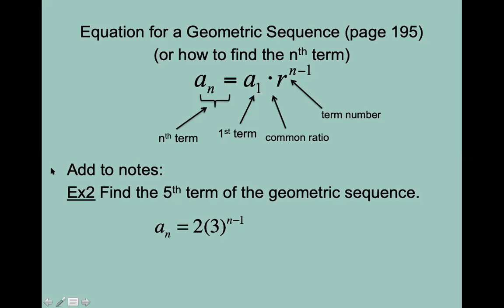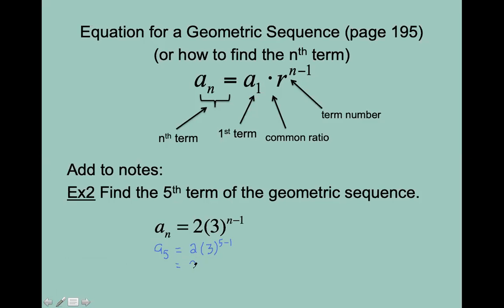All right, so let's try this one. Again, if I'm trying to find the fifth term, I'm going to replace any n that I see with 5. So a sub 5, which represents the fifth term, is equal to 2 times 3 to the 5 minus 1. All right, so I'm going to keep simplifying.